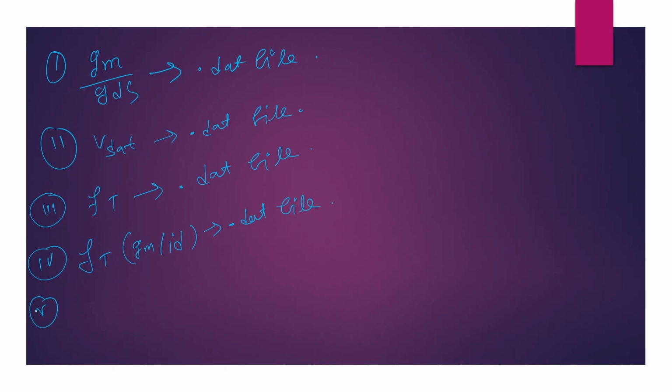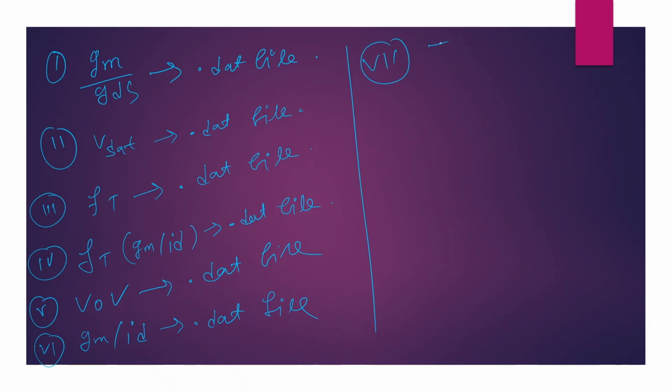You have the VOV corresponding .dat file. Then you need gm over id, its corresponding .dat file. And finally, you need, for example, id by w, its corresponding .dat file.